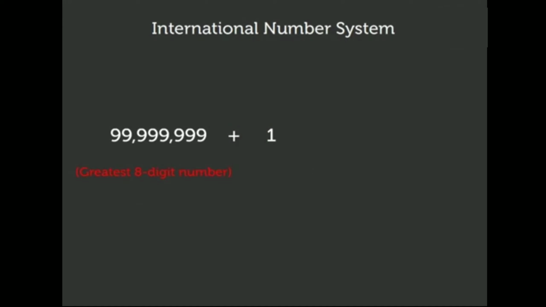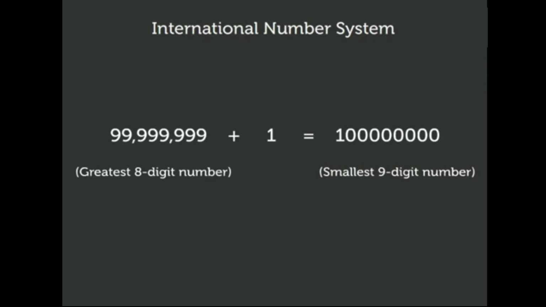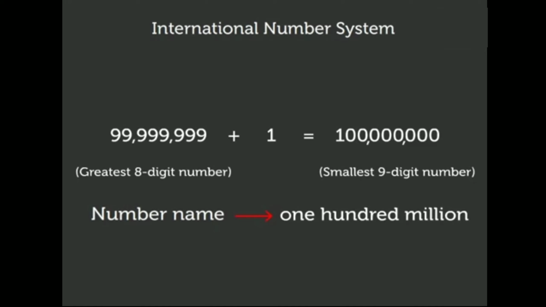Similarly, 1 added to the greatest 8-digit number 99,999,999 gives the smallest 9-digit number. We write it as 100,000,000, and we read it as 100 million.